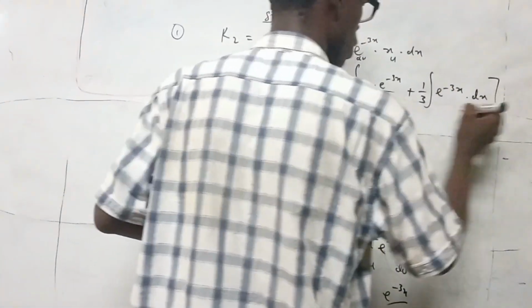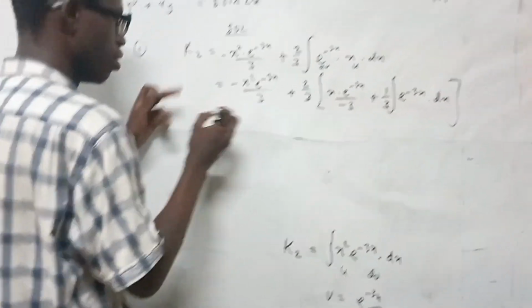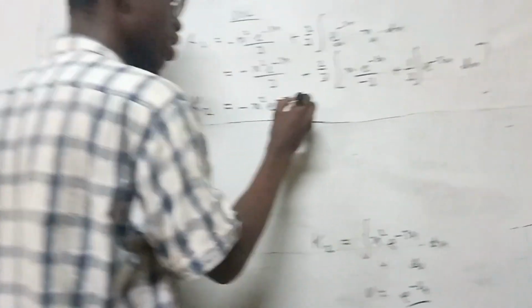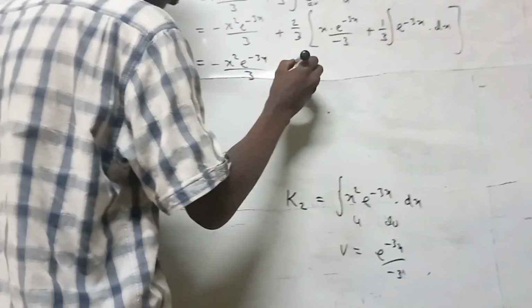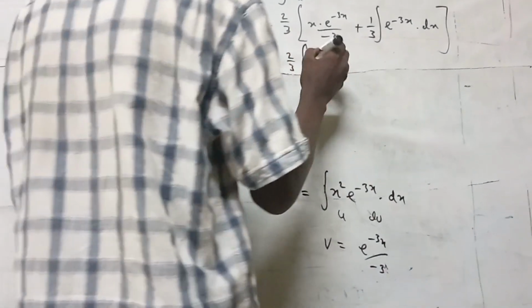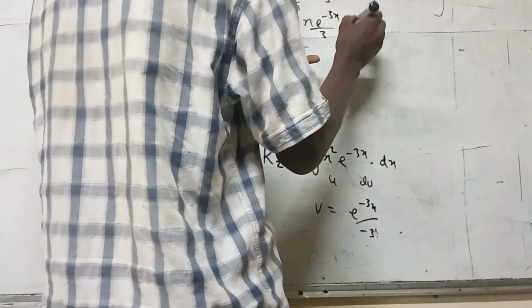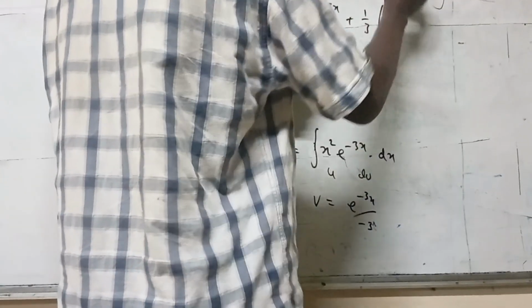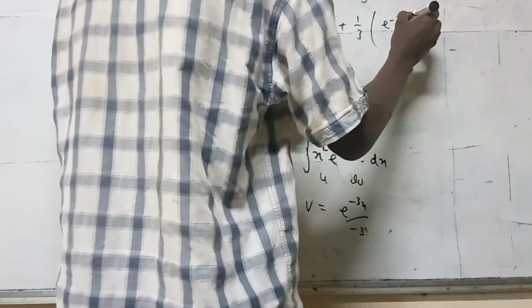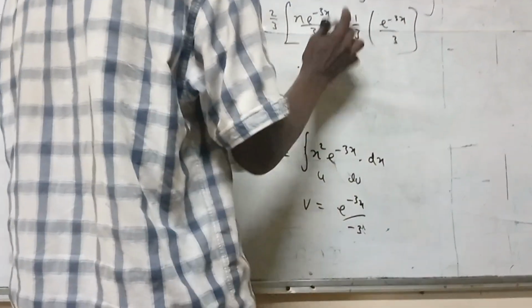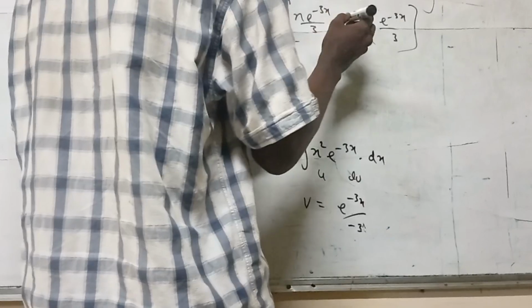So integrating this, I'll be left with k2 equals minus x squared e to the minus 3x over 3 plus 2 over 3 into bracket x e to the minus 3x over 3 plus 1 over 3 into bracket. Integrating this, I have e to the minus 3x over minus 3. So I can say, to turn this to minus, sorry.